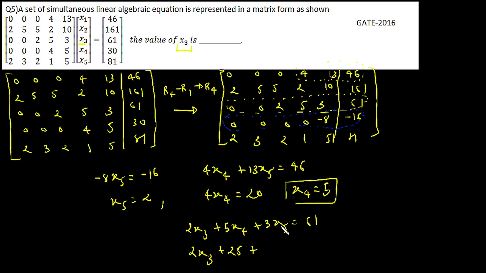Here x5 is 2, so we get 6, equal to 61. So 2x3, here we are getting 31, and here we have 61, so we get simply 30. So we get x3 equal to simply 15. So that's it. They're asking about the value of x3, and we are getting 15.